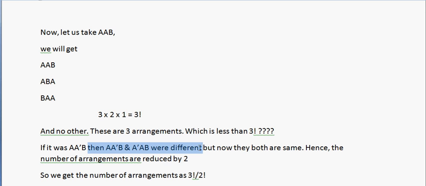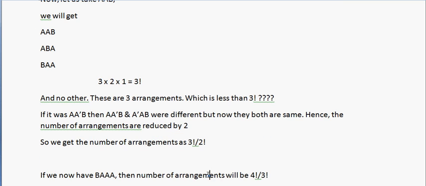But actually they are same, right? So we have to cancel out these 2 similar arrangements. Since the number of repeating words are 2, we divide by 2 factorial, right? So the number of arrangement becomes 3 factorial by 2 factorial, which is 3.